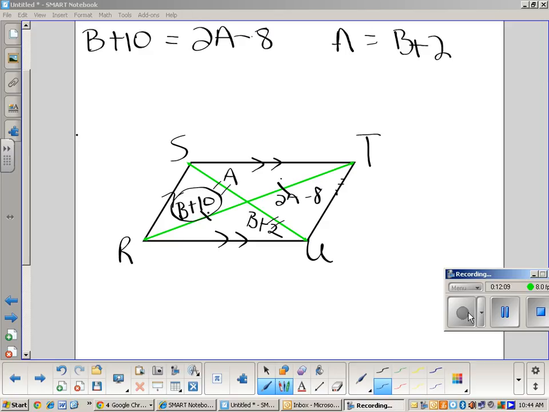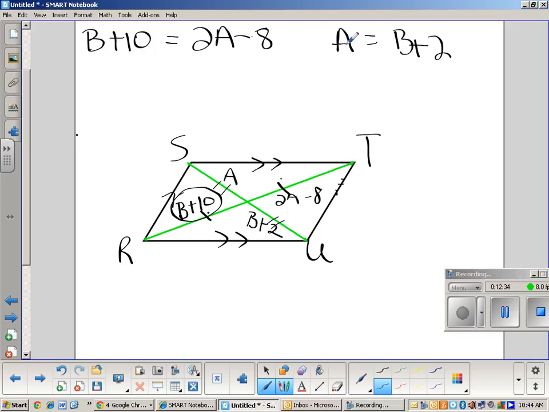Now, I wrote this, A equals B plus 2, because those two segments are congruent to each other. Can I solve that? I'm hearing no again, because what do we have going on there? Two variables. Now, think back to last year. What could I do to solve this?